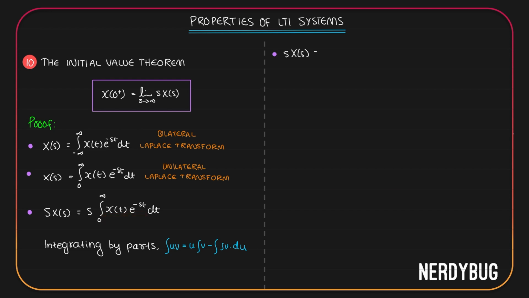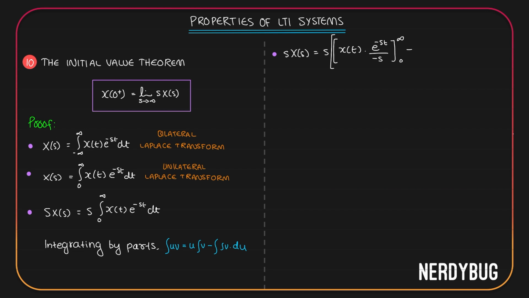So sX(s) will be, there is an s outside, the integral becomes, first we take u as such and integral of v. That is x(t) with integral of e raised to minus st, that is e raised to minus st divided by minus s. The limit is from 0 to infinity.